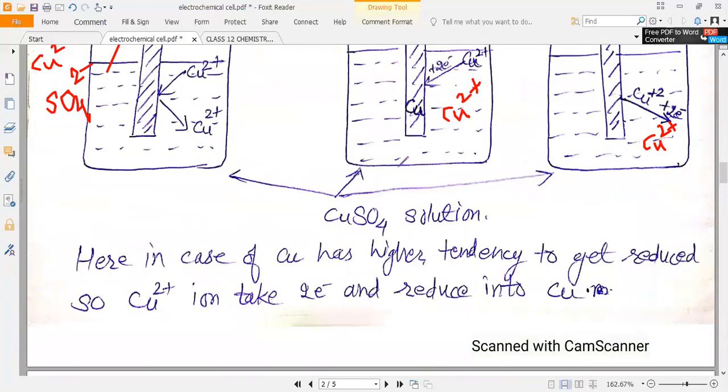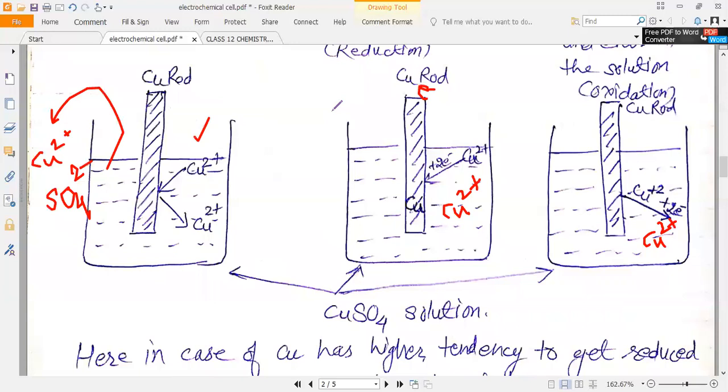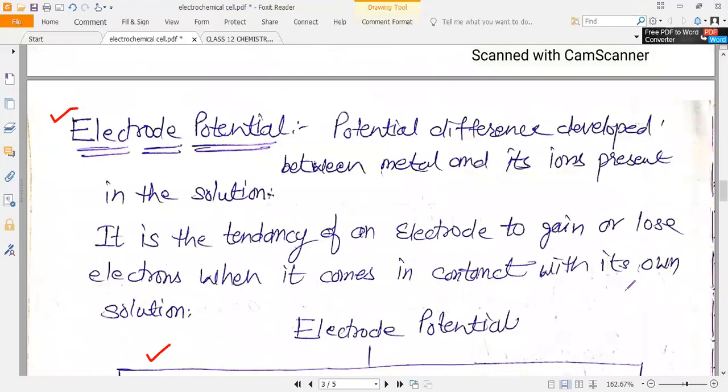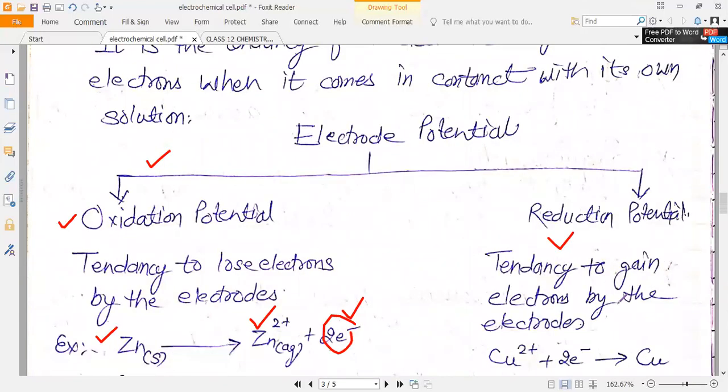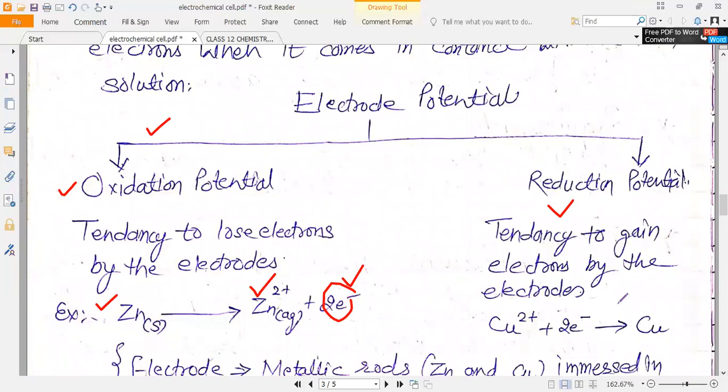So this half of the cell has reduction potential. The left portion has oxidation potential, while the right-hand portion of the electrochemical cell has reduction potential.